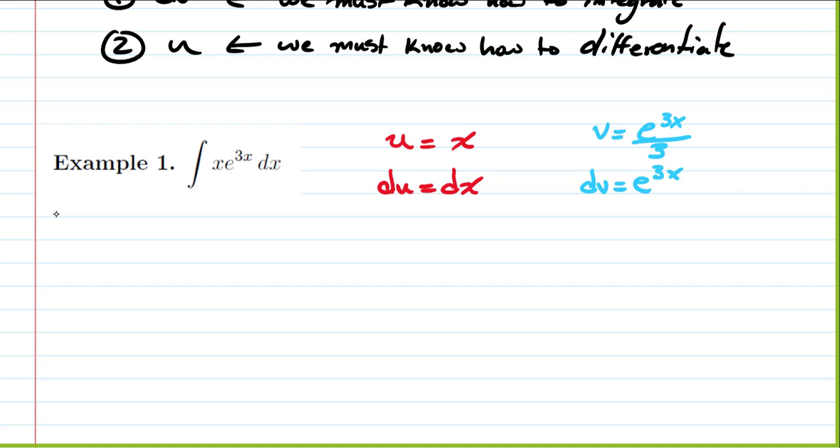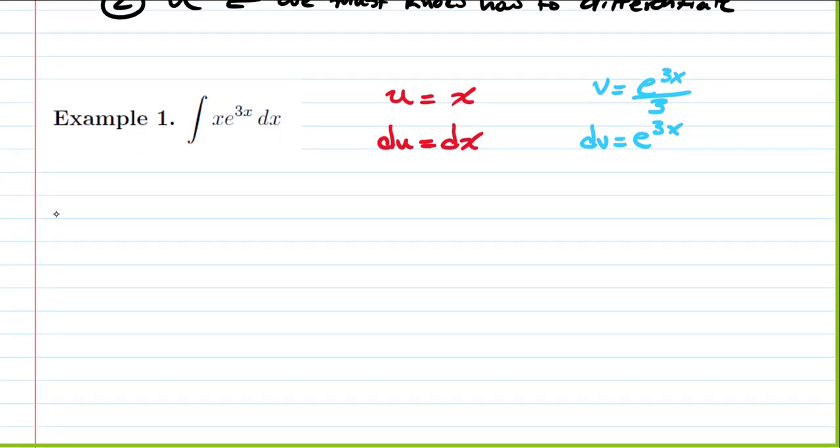So now we can use our formula to calculate our integral. So the integral of x e to the 3x is equal to u times v minus the integral of v du.